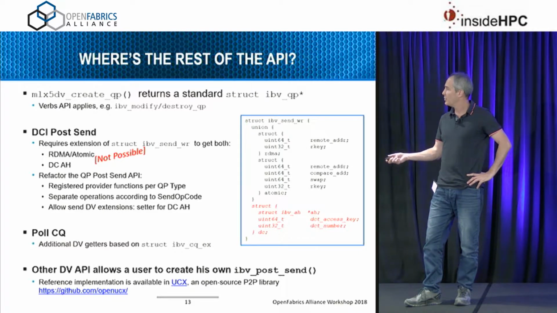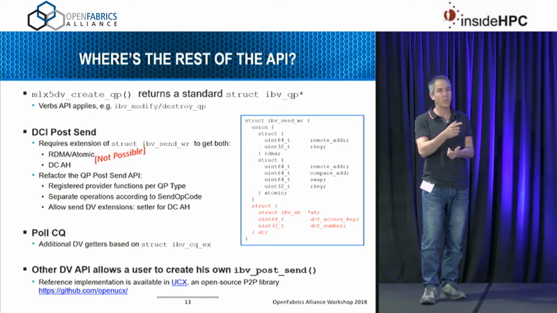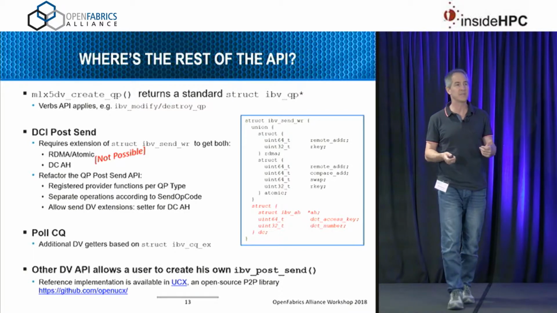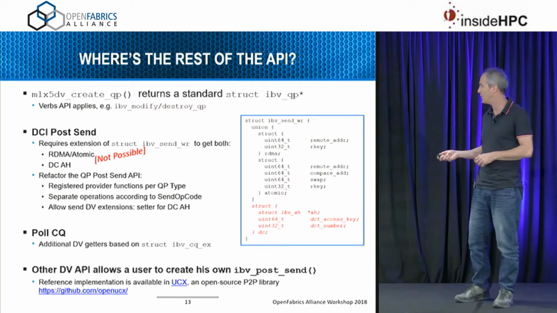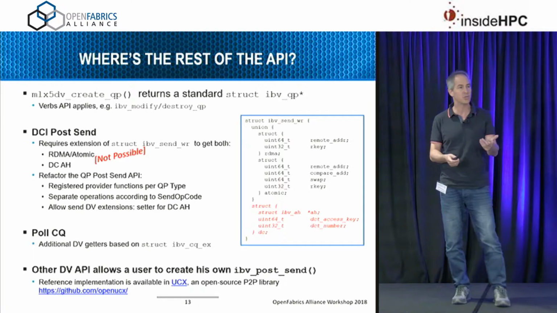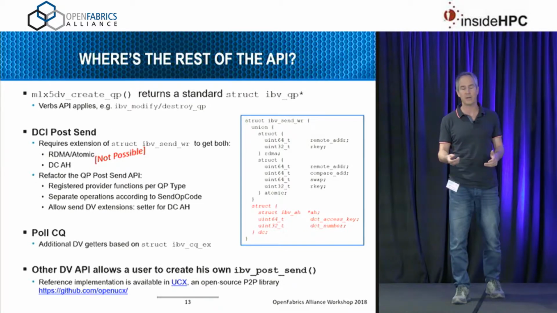PollCQ. Using a DCQP, on the responder you want to know where this operation came from, because it's not a one-to-one connection. It can arrive from multiple connections. I want to know who's the DC initiator source QP. Today we already have the CQ refactoring, the PollCQ refactoring with the CQ iterator, and there are multiple getters which are bound on the extended CQ.